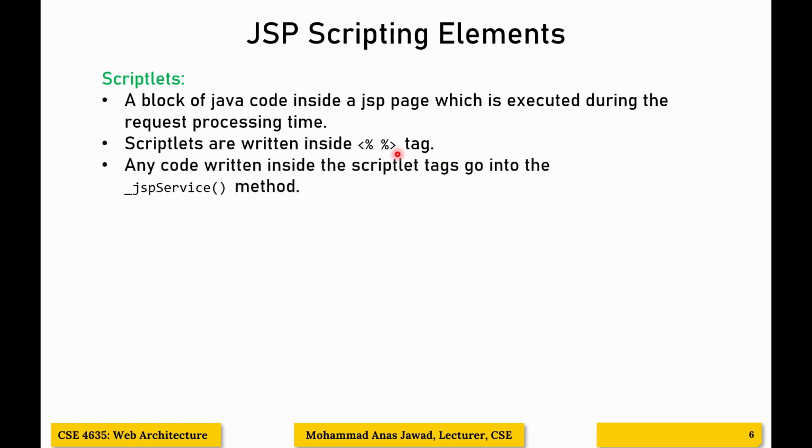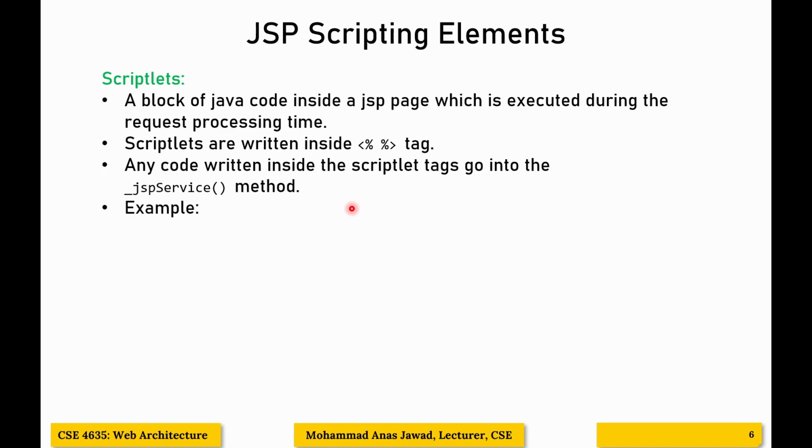Any code that is written inside these scriptlet tags goes into the _jspService method. So whenever your web container converts your JSP pages into corresponding servlets, these blocks of Java code go inside the service method of that servlet. Okay? They are therefore processed for every request that your JSP page receives.